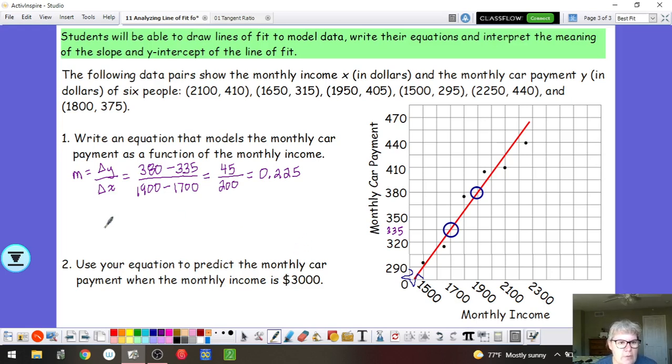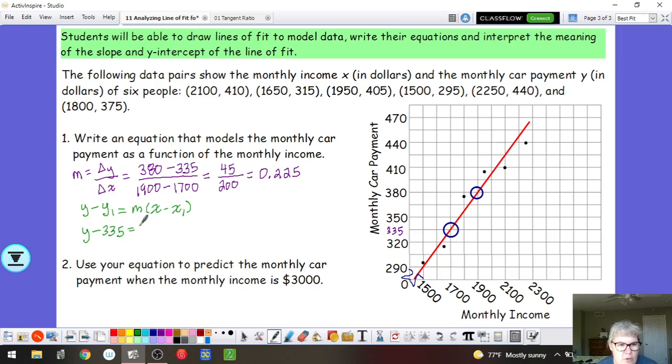Now let's write our equation. I'm going to go ahead and use the 335 to write my equation. So just a reminder, that's y minus y1 equals m times x minus x1. So y minus the y value of this point is 335.